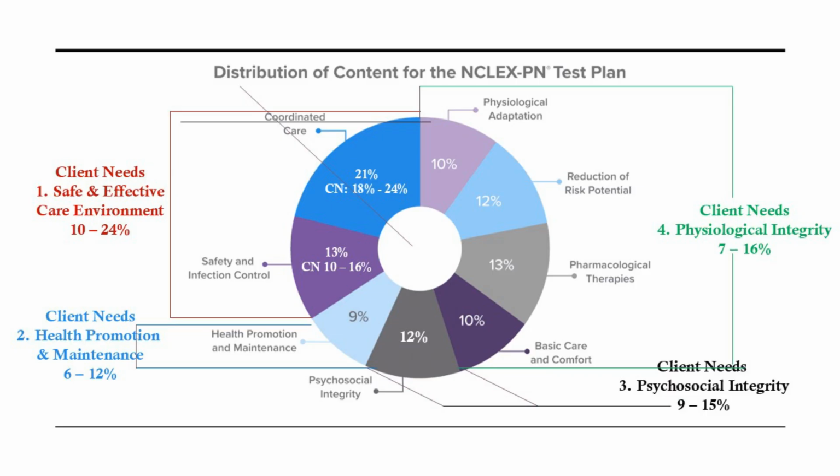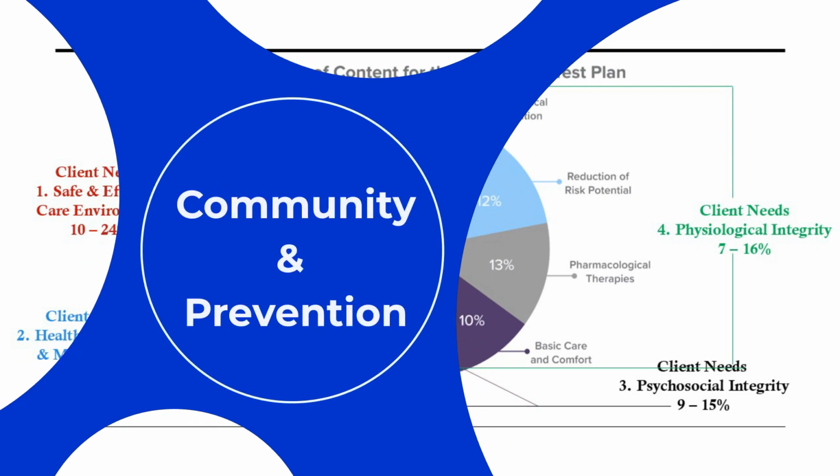Okay. So the second category of the NCLEX test is your health promotion and maintenance. Now, health promotion and maintenance has to do with any of your questions that deal with community nursing and preventative medicine, right?